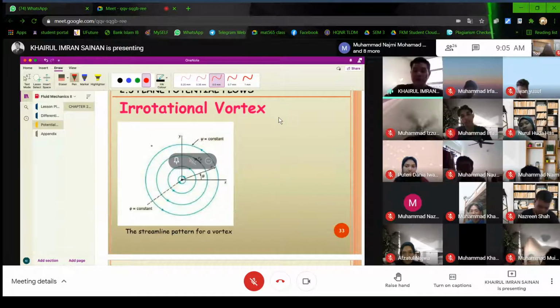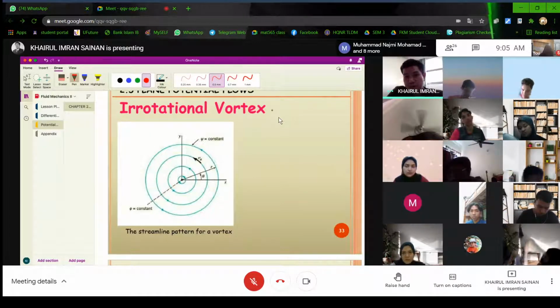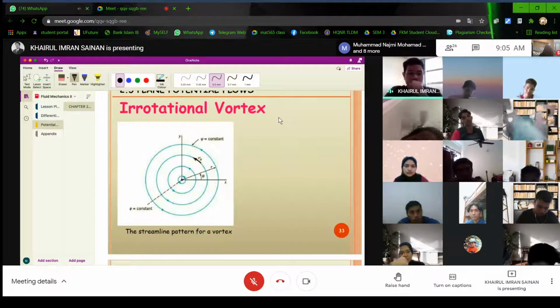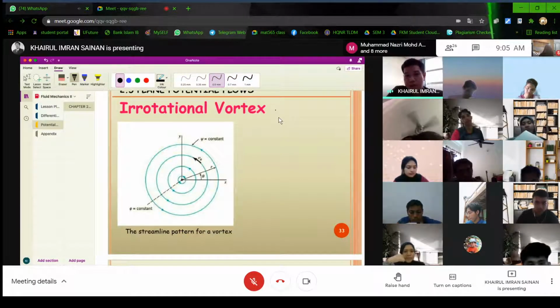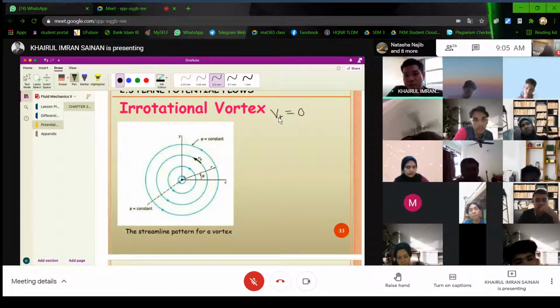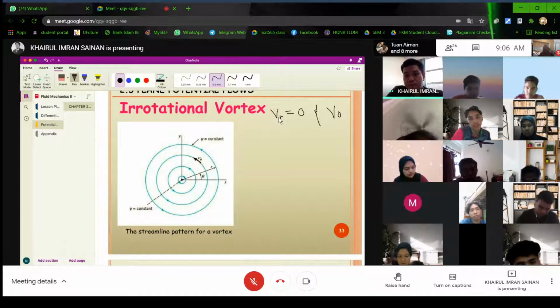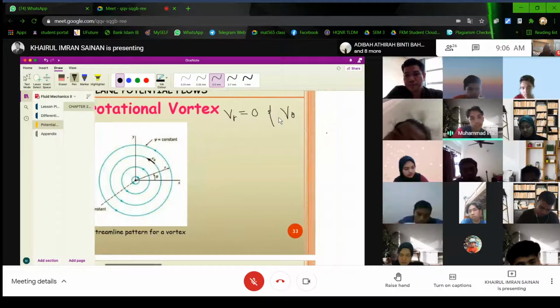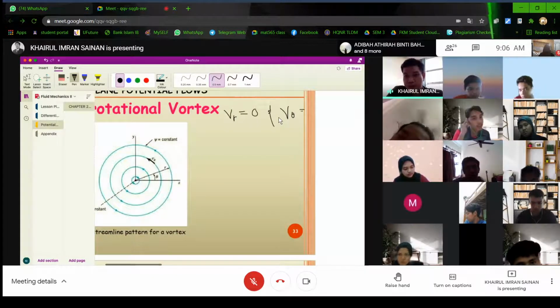Okay. So again, you're gonna have VR and V theta because this is polar coordinates, right? So which one is zero? Which one is not zero? VR 0. No VR, correct?